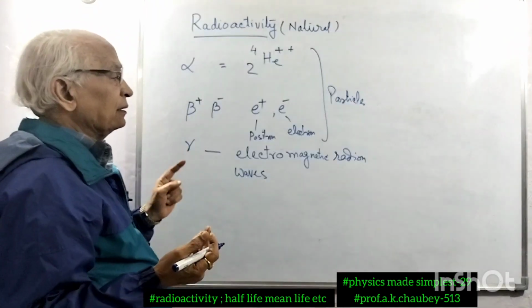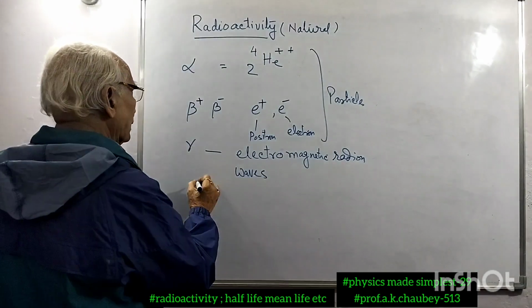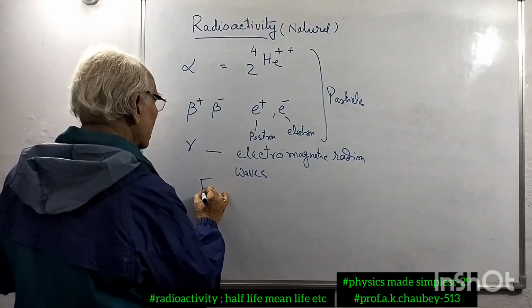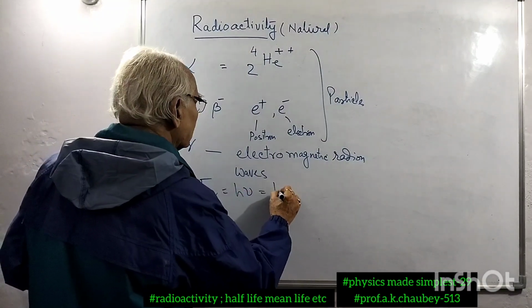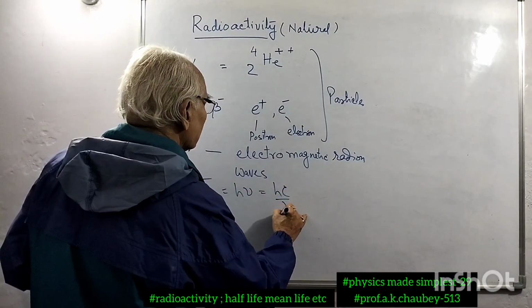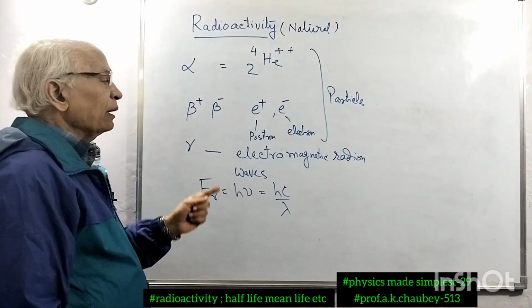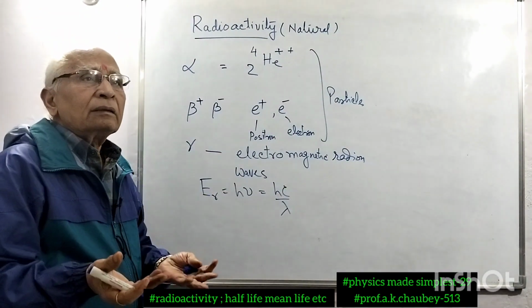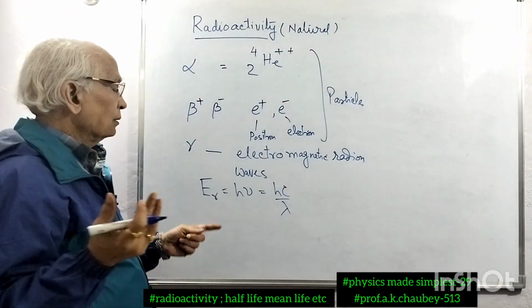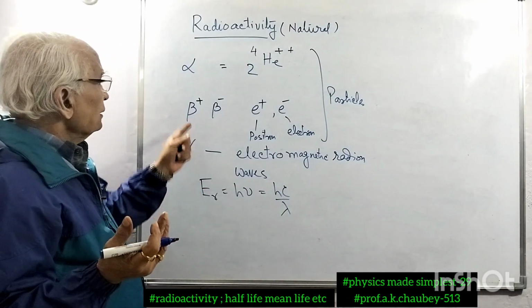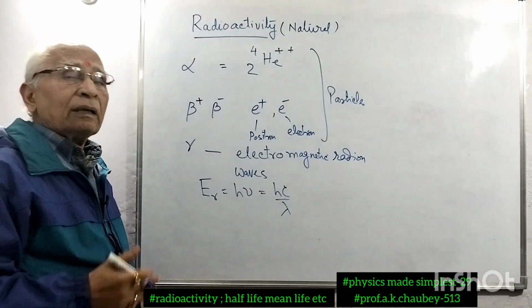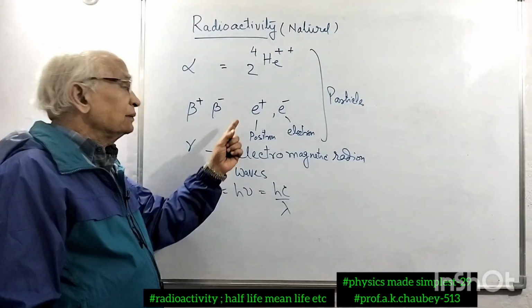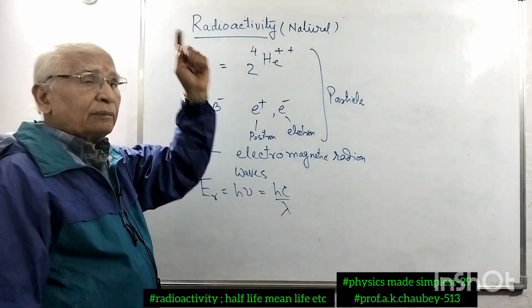This has energy E gamma equal to h nu equal to hc over lambda. So this is a wave of electromagnetic origin. These radiations come out automatically from the elements, and those elements which emit these radiations are called radioactive.